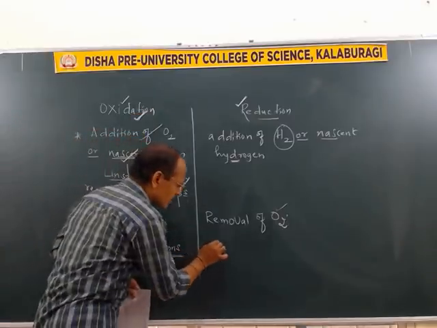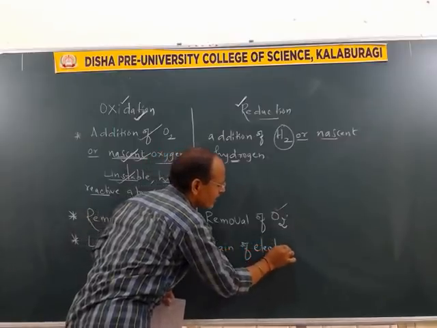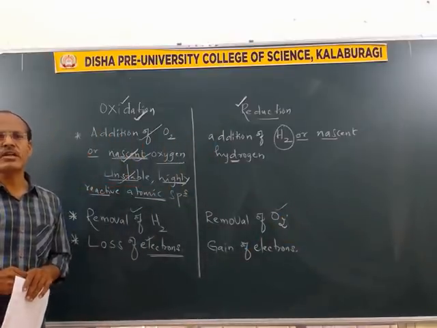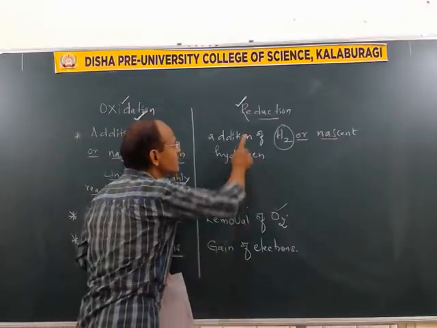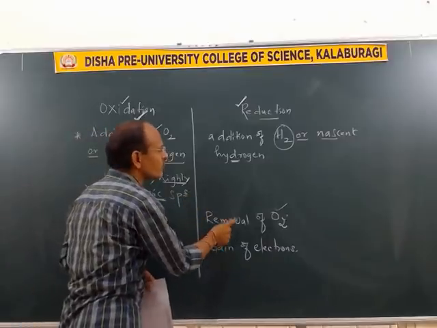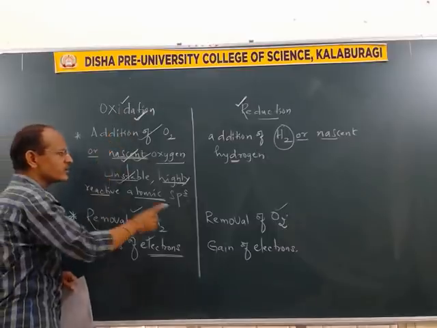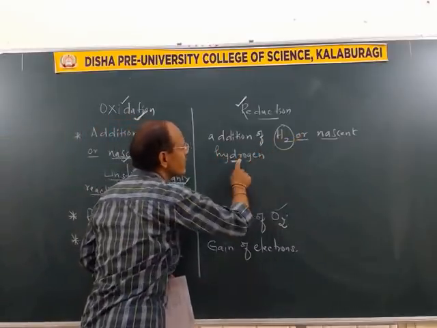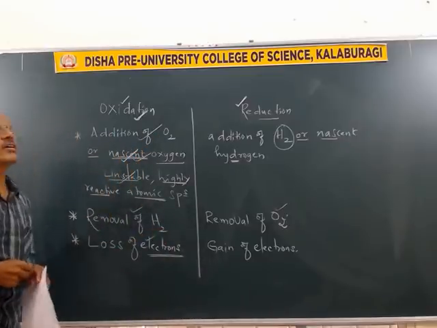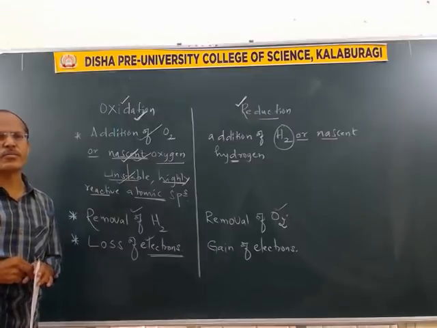Like that, gain of electrons is nothing but reduction. So, gain of electrons, reduction; loss of electrons, oxidation; removal of oxygen, reduction; removal of hydrogen, oxidation; addition of hydrogen or nascent hydrogen is reduction; addition of oxygen or nascent oxygen is oxidation. Those are the first few definitions.